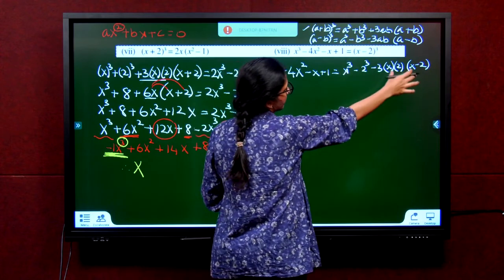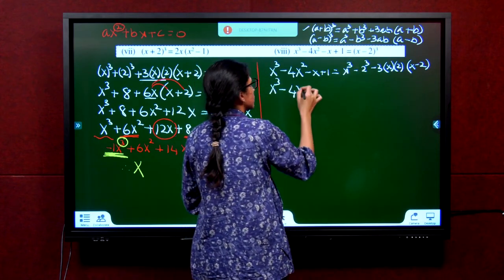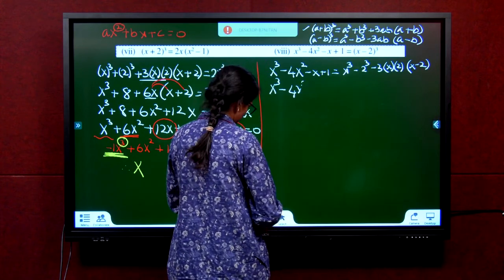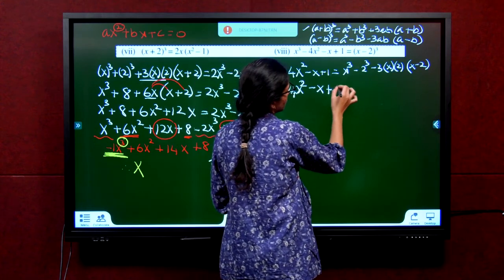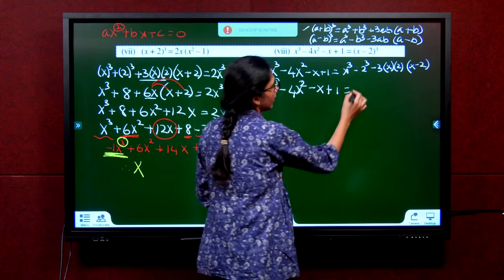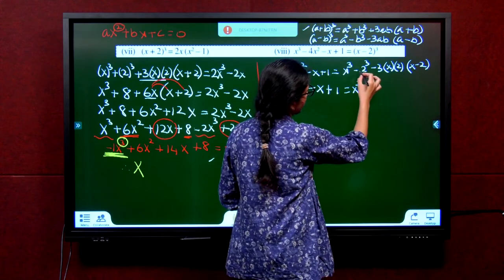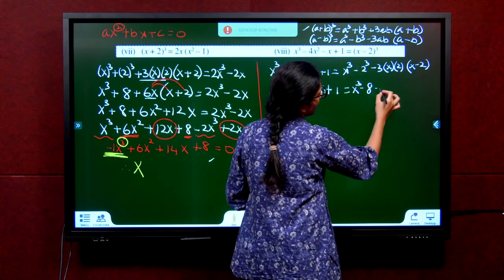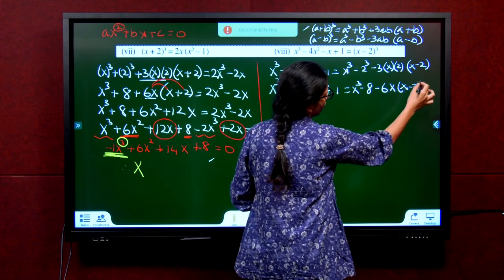Please use this identity, it's ditto. x cube minus 4x square minus x plus 1 is equal to (x - 2) the whole cube. So this is minus 2 cube, 8, minus 3 into 2, minus 6x into (x - 2).